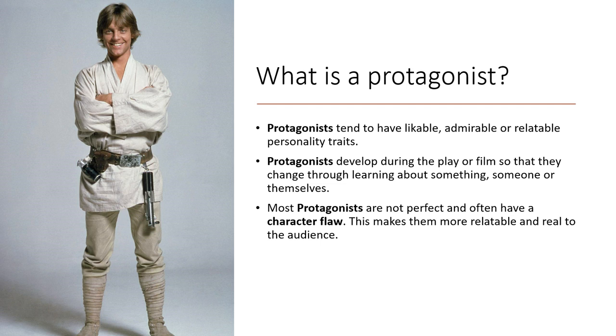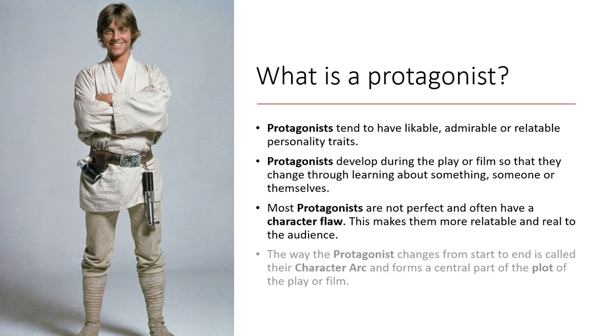This is part of the thing that makes them relatable and real to the audience, because we all have flaws and because we'd all like to be able to overcome them, and we invest ourselves in a protagonist because they do have to overcome that problem, that flaw, that relationship to be better. And so the way the protagonist changes from the start to the end is called their character arc, and it forms the central part of the plot of the film or the play that you're watching.